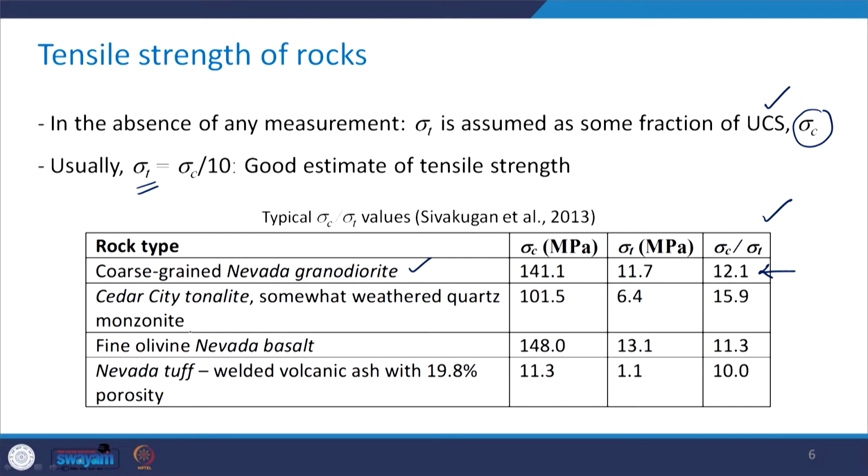In case of the somewhat weathered quartz monzonite, you have 15.9, and for a particular type of basalt it worked out to be 11.3, and for Nevada tuff it is exactly 10. So, basically to the tune of 10 to 15, you will get a very good estimate of the ratio of UCS to the tensile strength of rock.